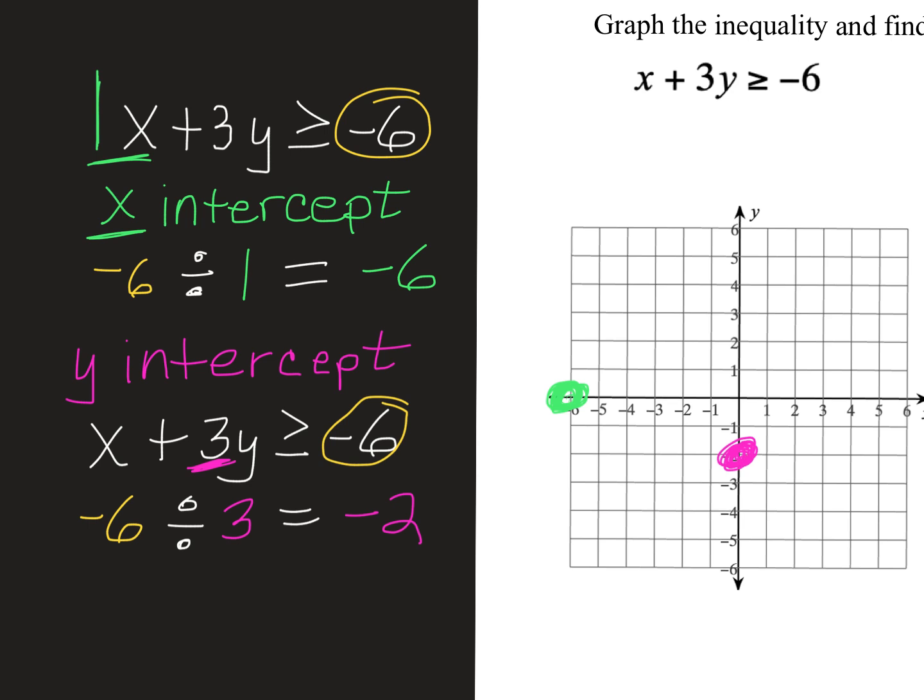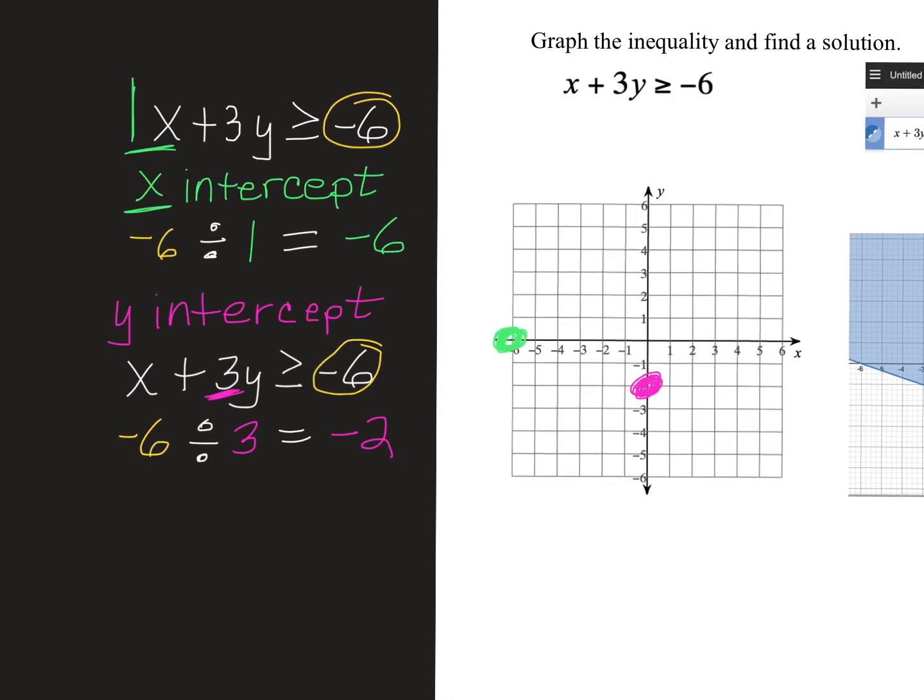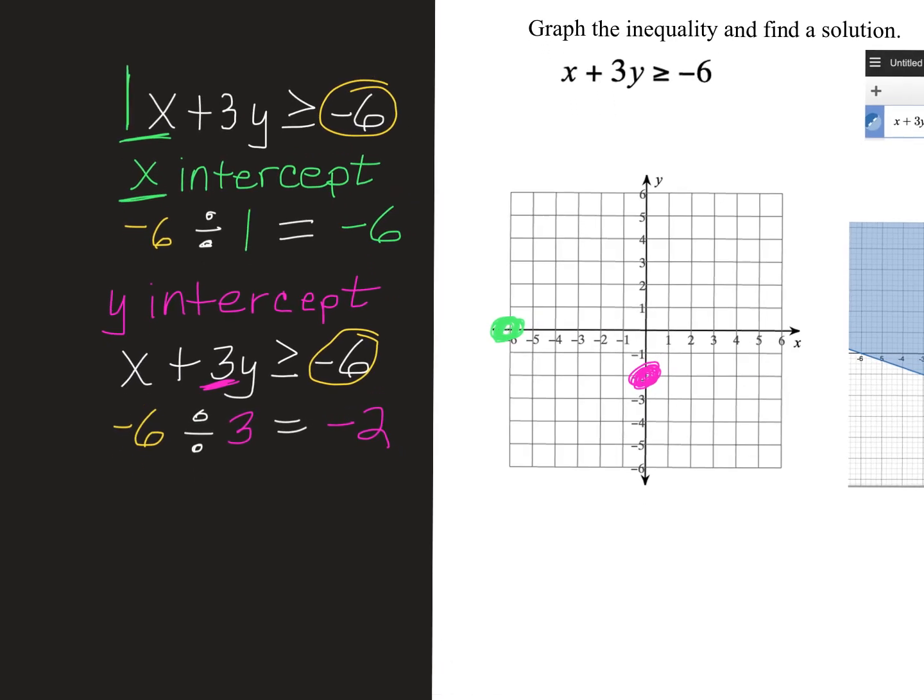So I'm getting ready to take these coordinates and connect them using a line, but I have to decide one of two things. Either I'm going to connect the coordinates with a solid line that looks like this, or a dotted line, which looks like that.